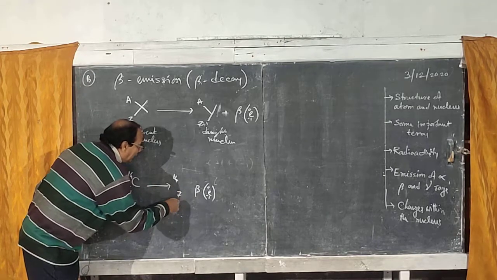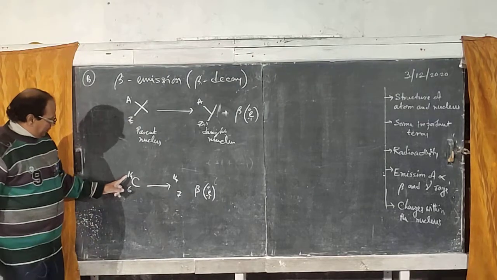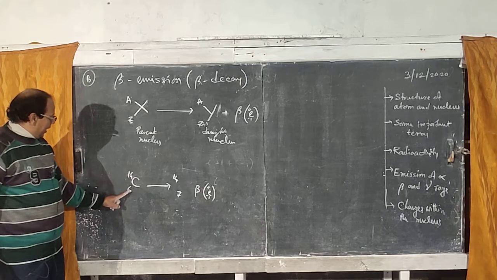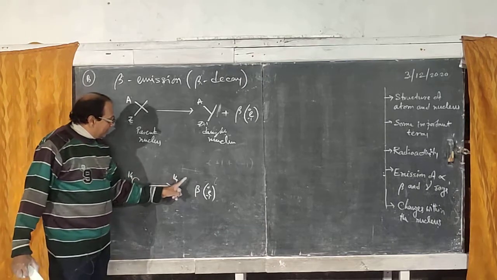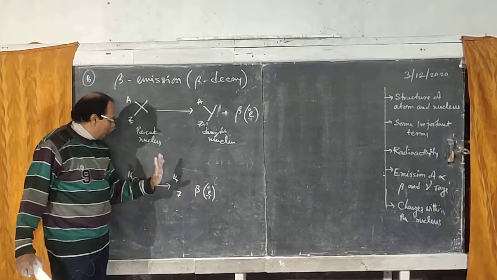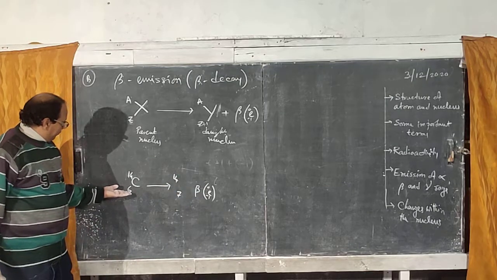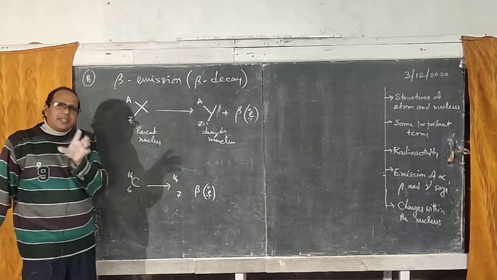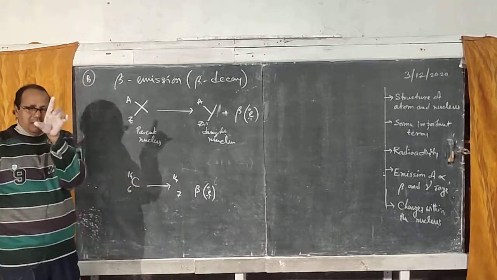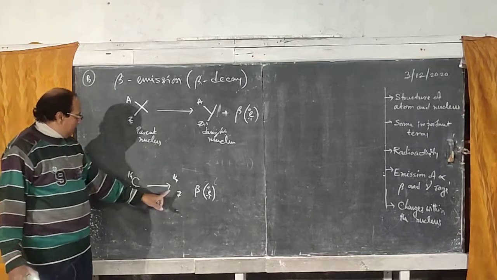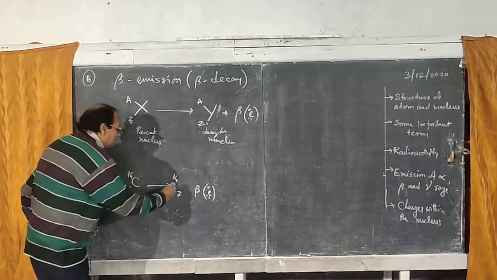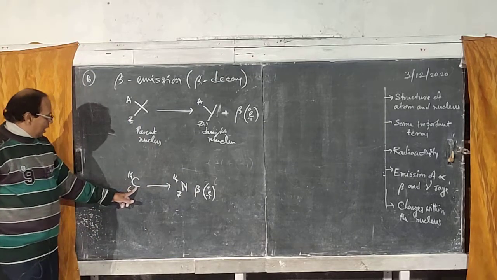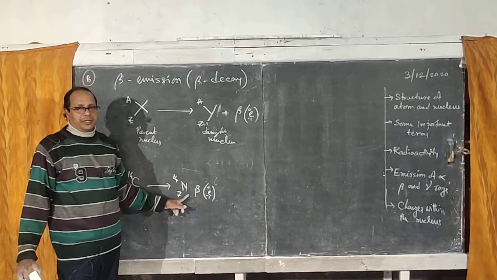I wrote it in a slightly different way. Mass number will remain the same, 14 plus 0, 14 only, and the atomic number will increase from 6 to 7. So can you guess one element whose atomic number is 7 and mass number 14? Yes, it is nitrogen. So here the parent nucleus carbon becomes nitrogen.